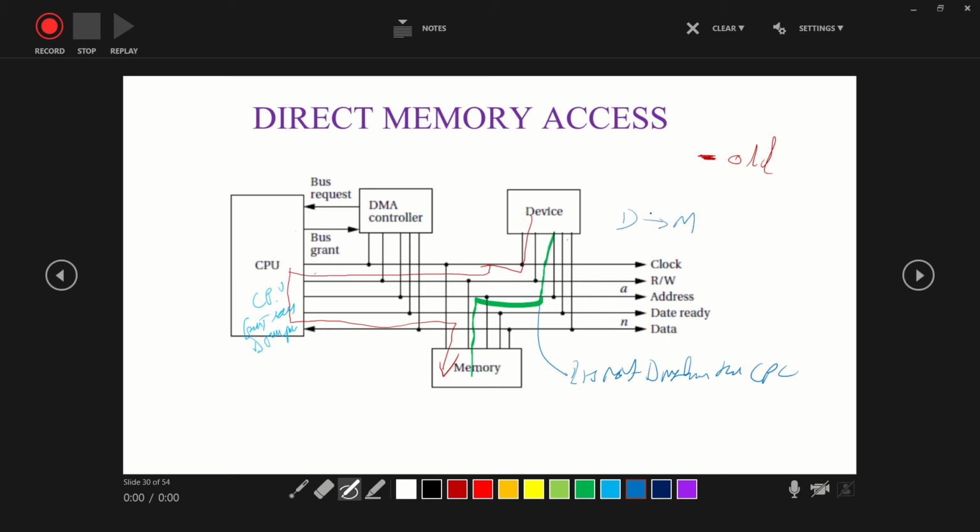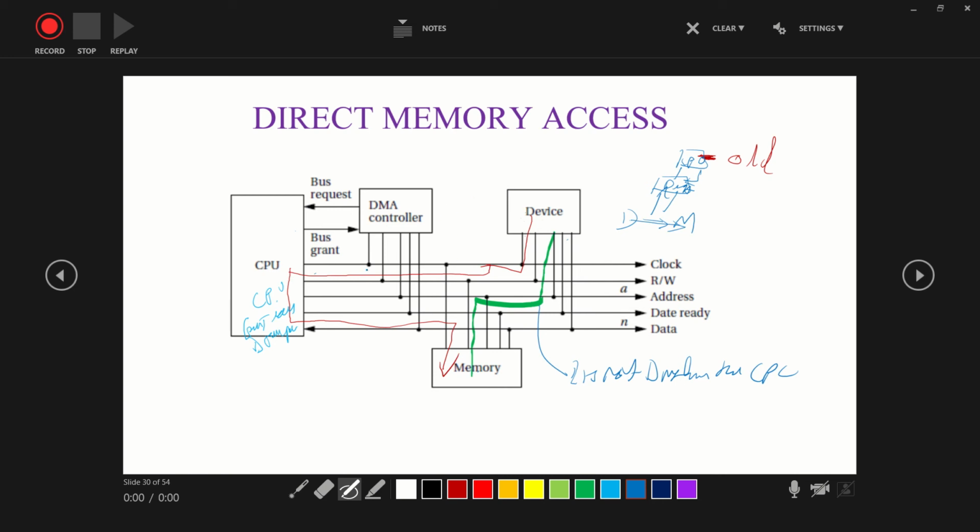First we send the request through the DMA to the CPU, and the CPU gives the permission. After getting the permission, the data is directly transferred from the device to memory.